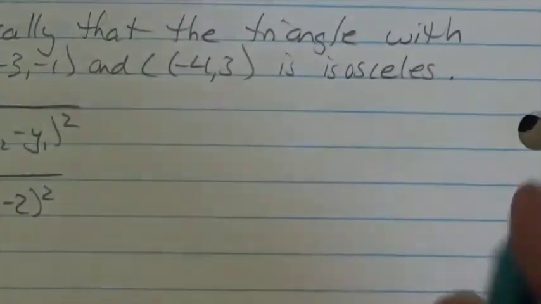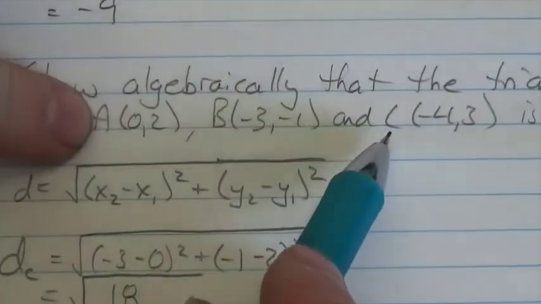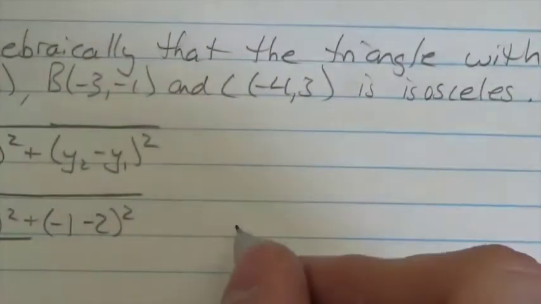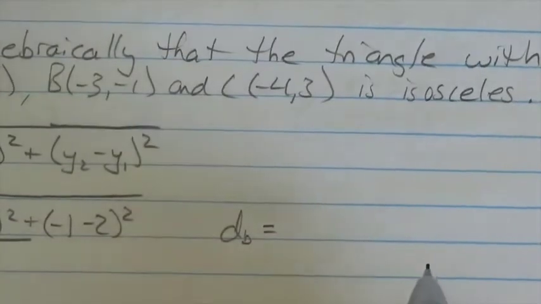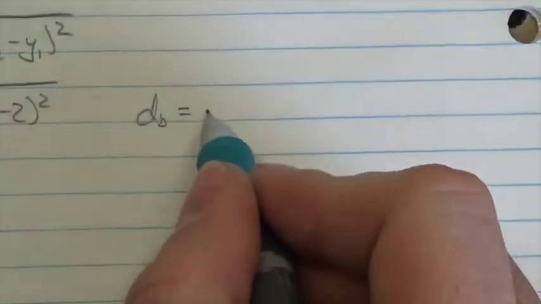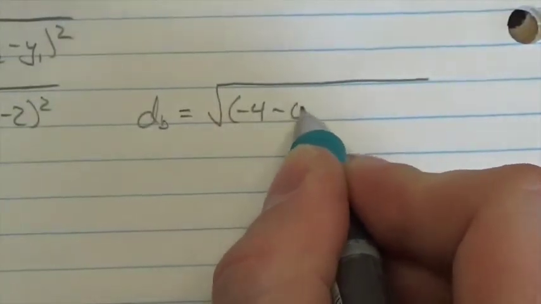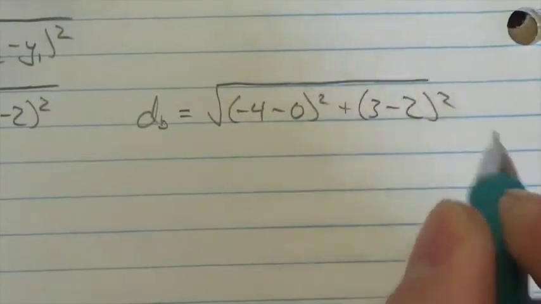Let's try another one here. Let's say that we're going to figure out the length of side AC. If I was to connect those two vertices, that would be the length of side b. So that'll be the square root of negative 4 minus 0 squared plus 3 minus 2 squared.